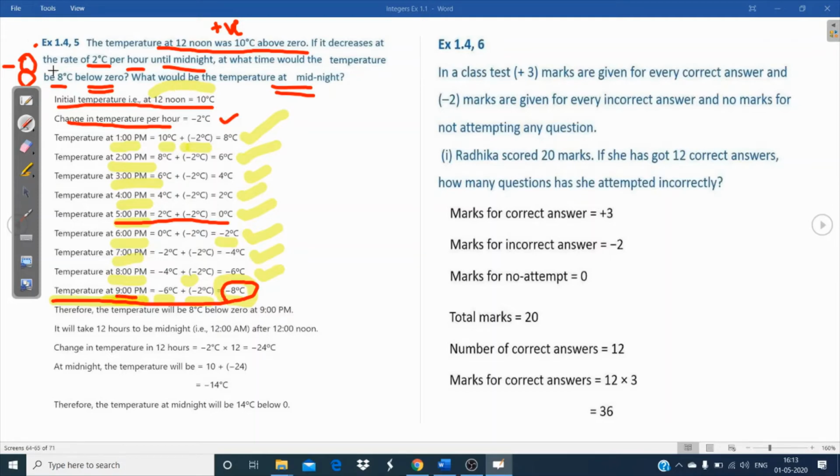So this was one part of the question. Therefore, the temperature minus 8 degrees Celsius it is reaching at 9 p.m.